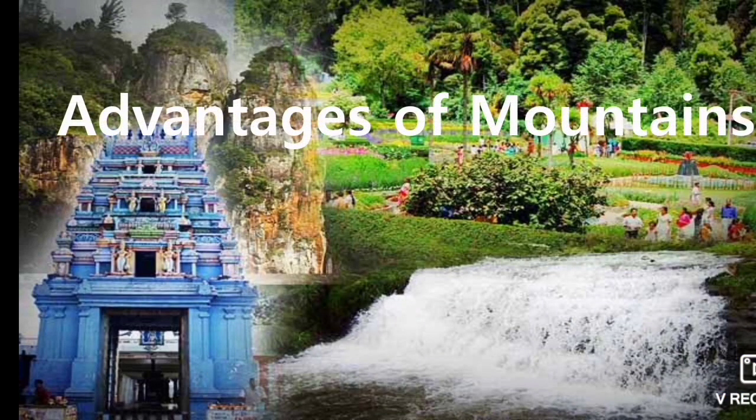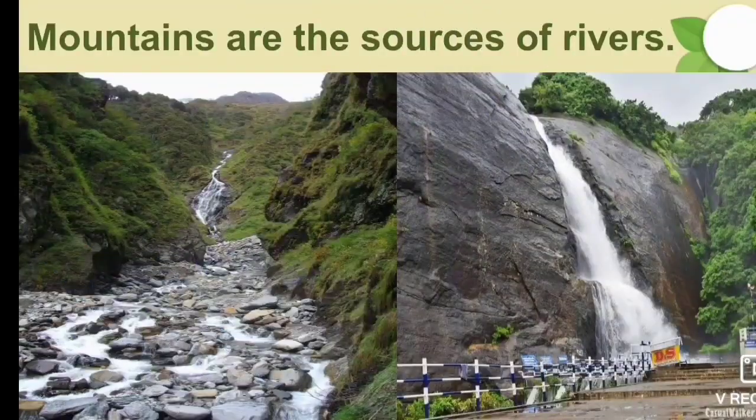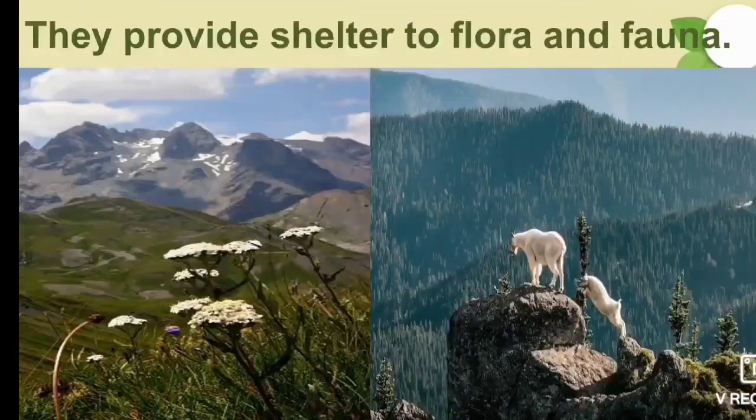Students, next we are going to see about advantages of mountains, otherwise, the uses of mountains. Mountains are the sources of rivers, which means most of the rivers are formed from the mountains. Next, they provide shelter to flora and fauna.